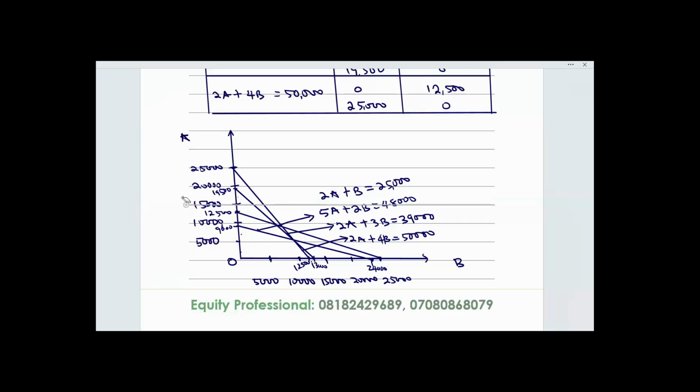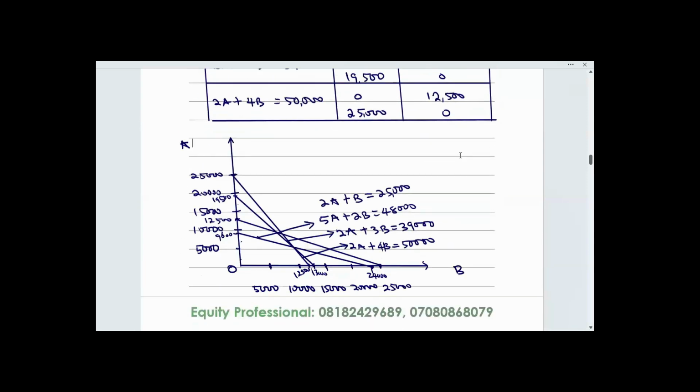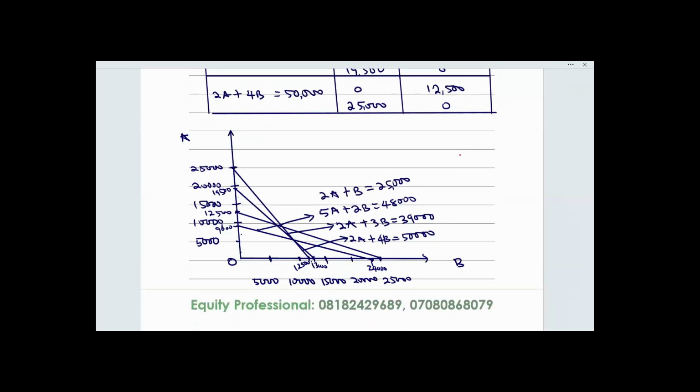So let me see if I can change all these arrows. The first one is this one. The first one is 12,500 to 25,000. Okay, this is it here. I want it to look different. Then this one is this.